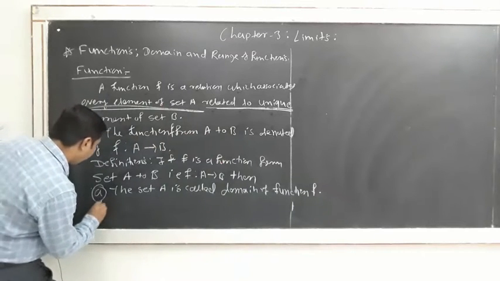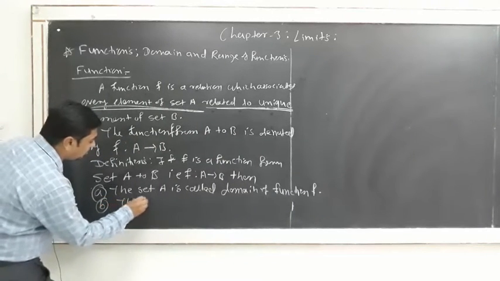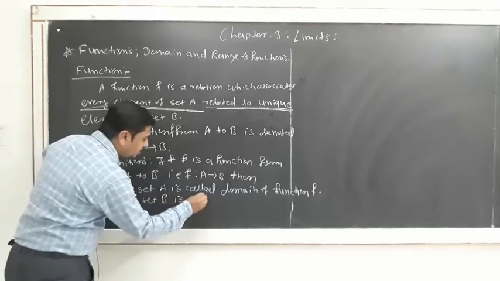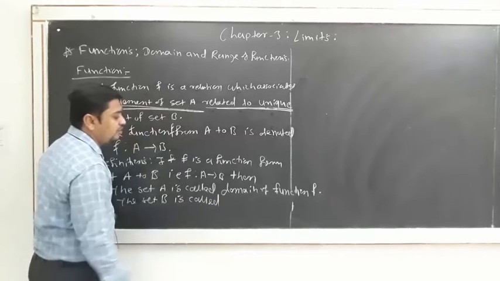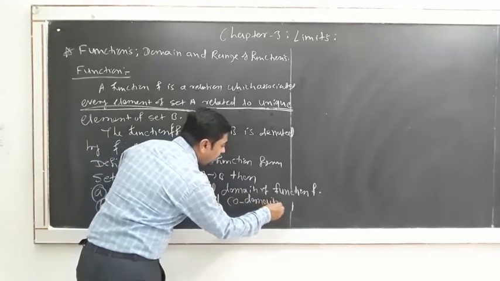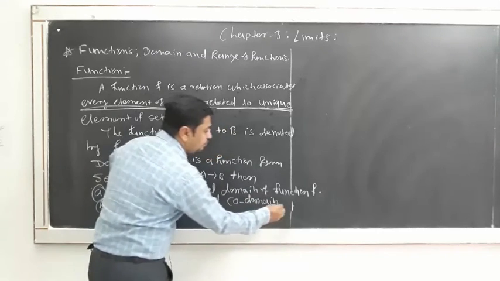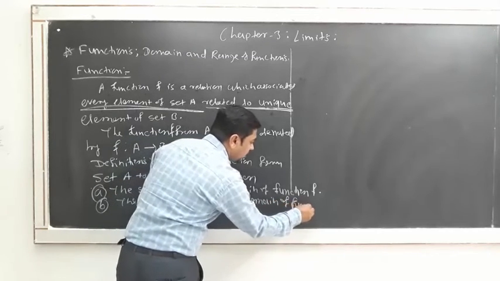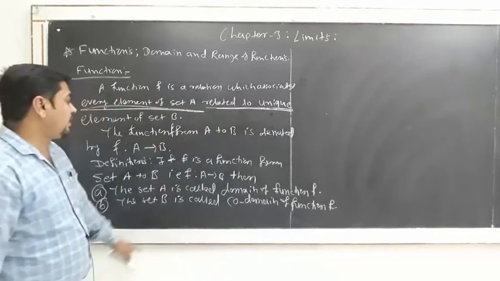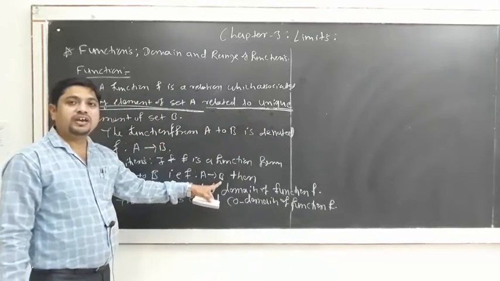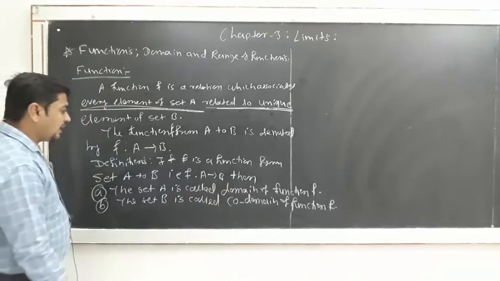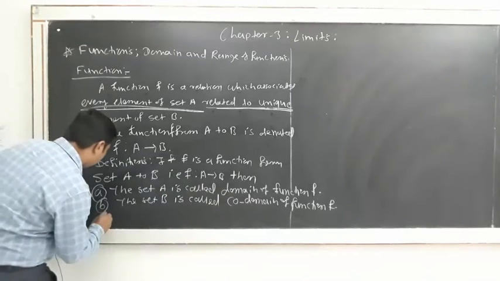Then the set B is called the codomain of function f. This second set, that is set B, is called the codomain of a function.